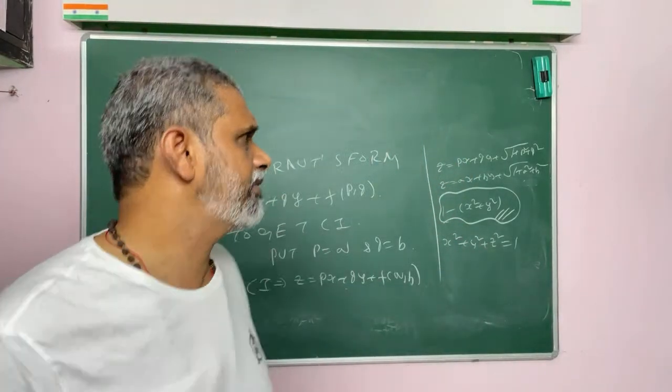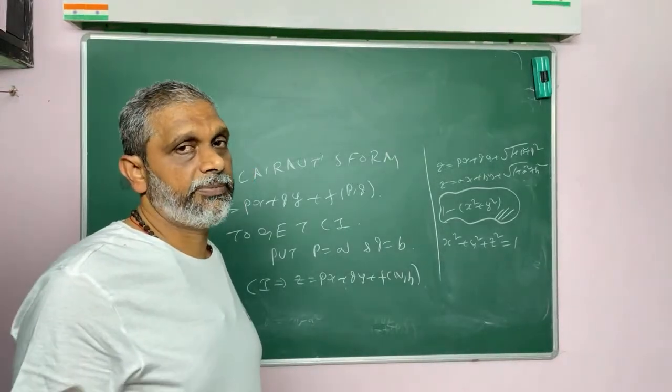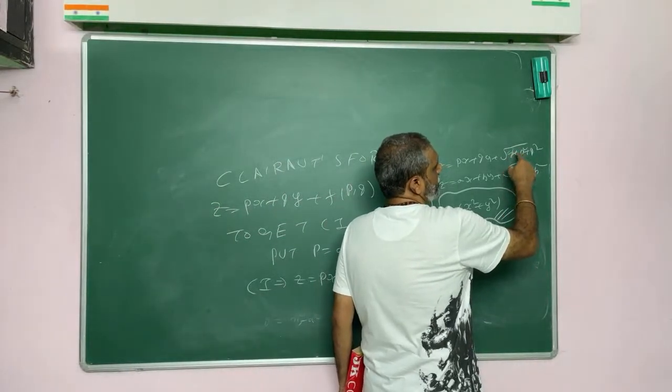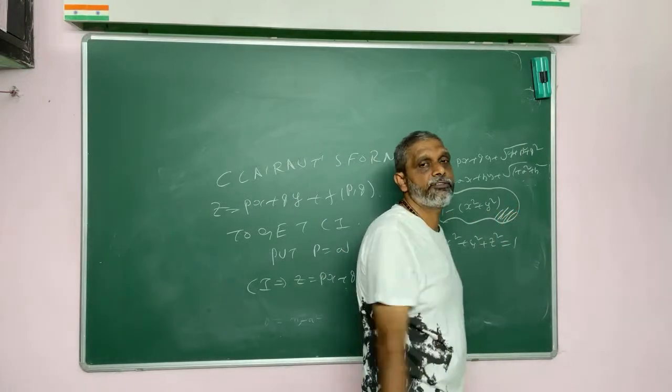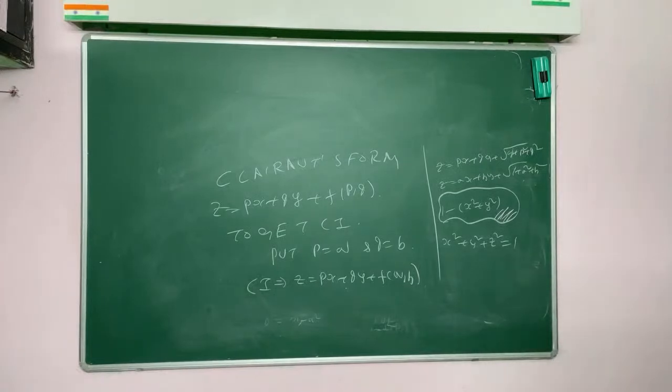Max you will get 1 plus a square plus b square, or 1 plus p square plus q square. Sometimes they make it 9 like this. 9 also, same thing you can do. 1 minus. This is the life of the problem. Don't confuse. Maybe in the assignment they gave 16 plus root of p square plus q square. Then also 1 minus only.